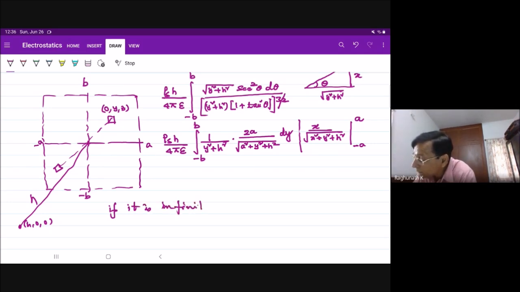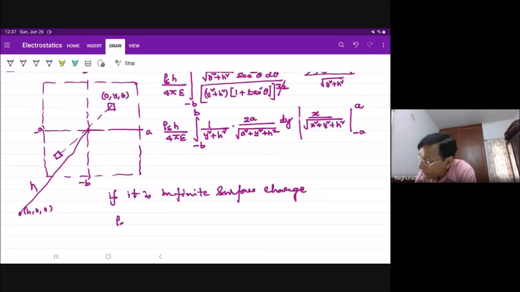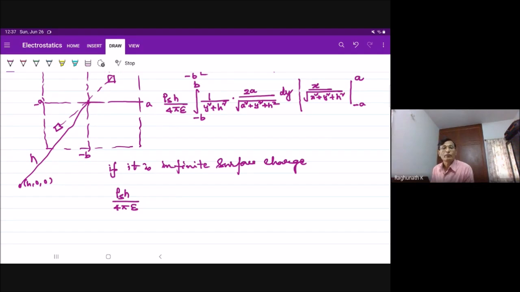If it is an infinite surface charge, what will happen? If it is an infinite surface charge, the integral will become rho s h by 4 pi epsilon. Please concentrate now. Integral minus infinity to plus infinity.